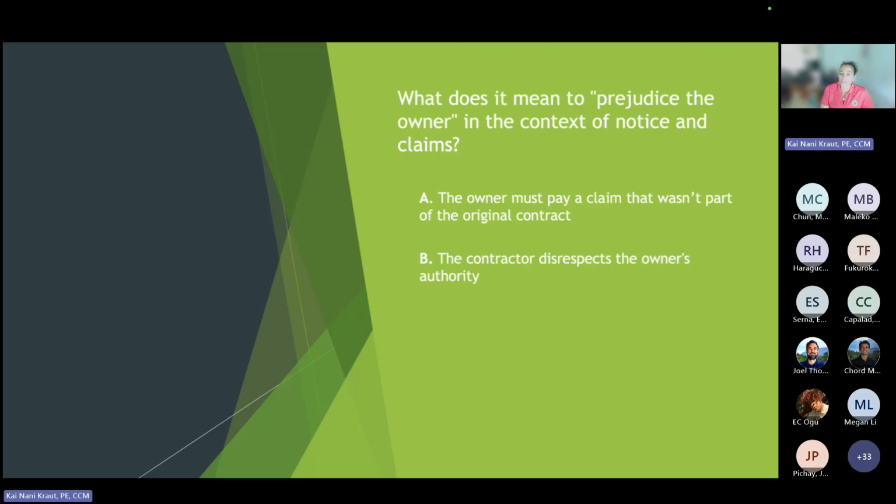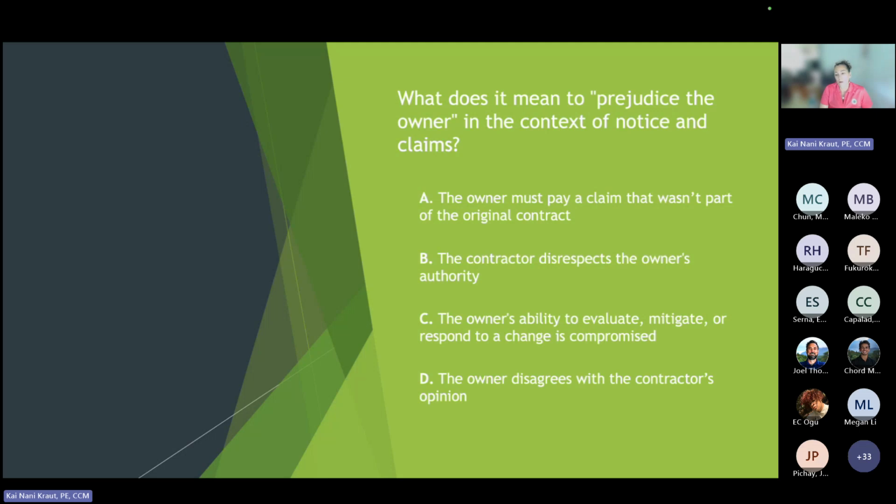The contractor disrespects the owner's authority? The owner's ability to evaluate, mitigate, or respond to a change is compromised, or the owner disagrees with the contractor's opinion. So again, which one of these do we have prejudice to the owner?